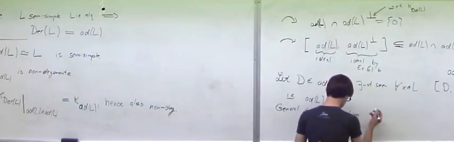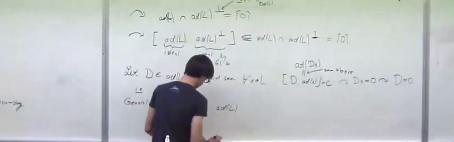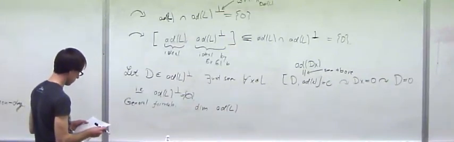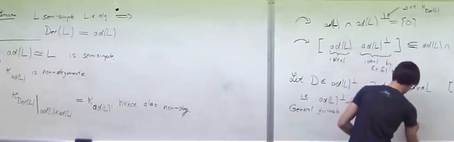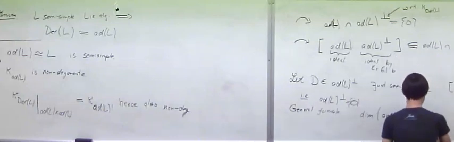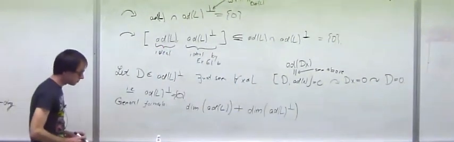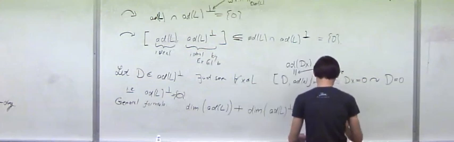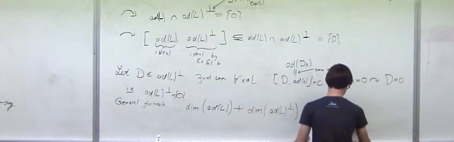Whenever I take the dimension of some space, say ad L, plus the dimension of its orthogonal space, in this case ad L orthogonal, then this will be bounded from below by the dimension of the total space.